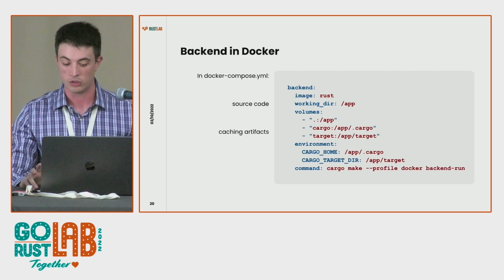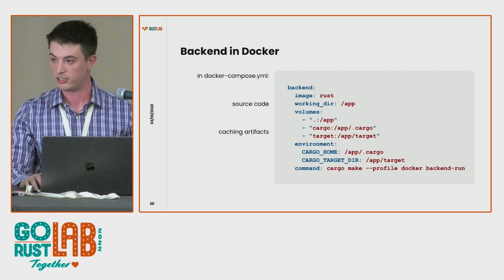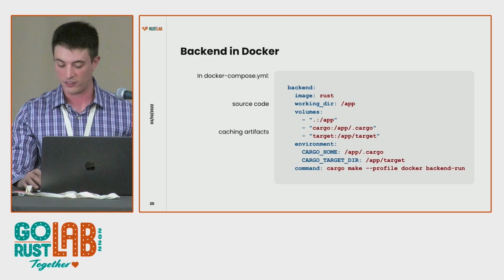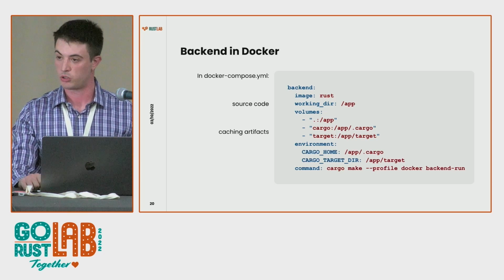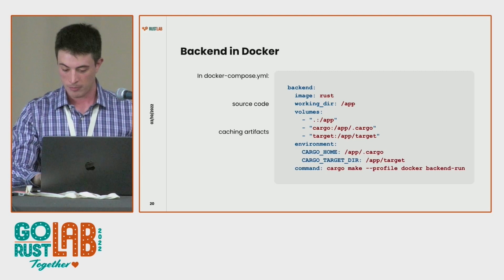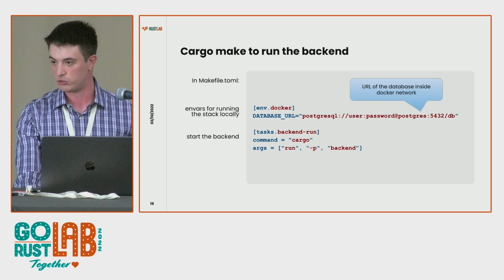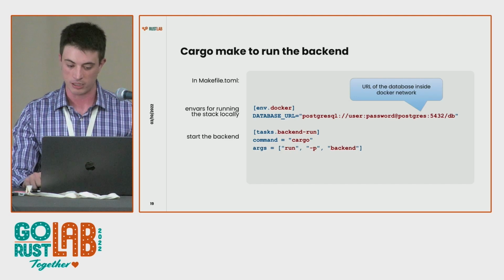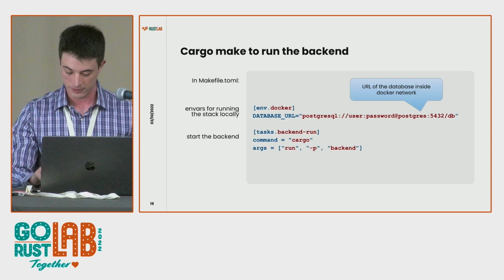This is useful if you compile inside of Docker, inside of the container, so that you cache the artifacts and the dependencies that you downloaded, and you don't need to rebuild everything every time. Finally, the command is just going to run the backend run command, which was defined in the previous slide, using the profile Docker. Again, profile Docker, because when the backend starts, it needs to establish a connection to the database, and we use this database URL environment variable to know where the database is located.